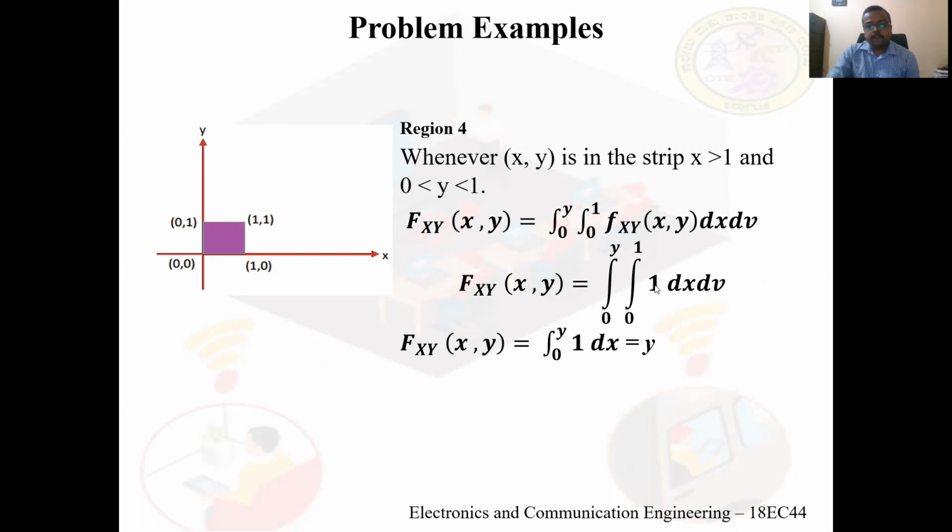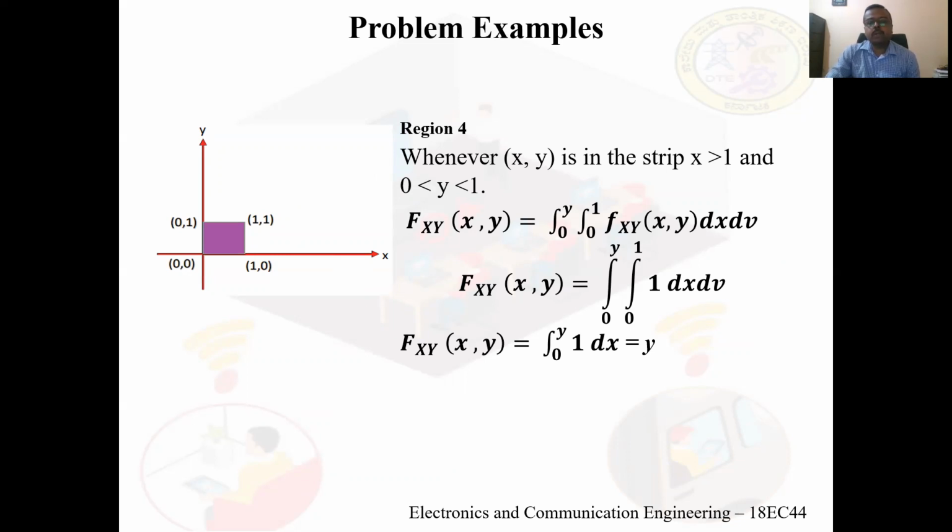Evaluate this one, since it is a double integration. Here you get y, and again it is 0 to 1 and 0 to y we have. So evaluating the integration, you get y here. So for the values of x greater than 1 and y in the range 0 to 1, the CDF is equal to y here.